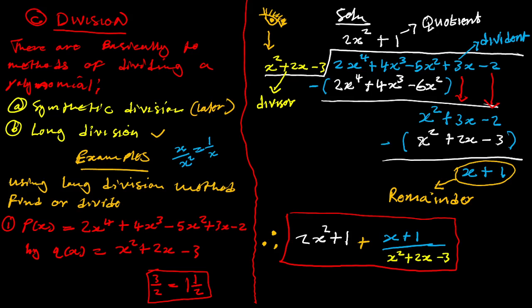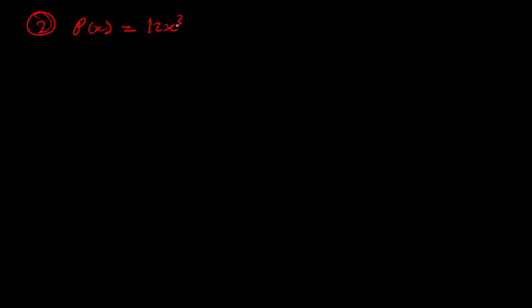So let's say p of x is equal to 12x cubed minus 6x squared plus 10, divided by q of x is equal to 2x plus 1.